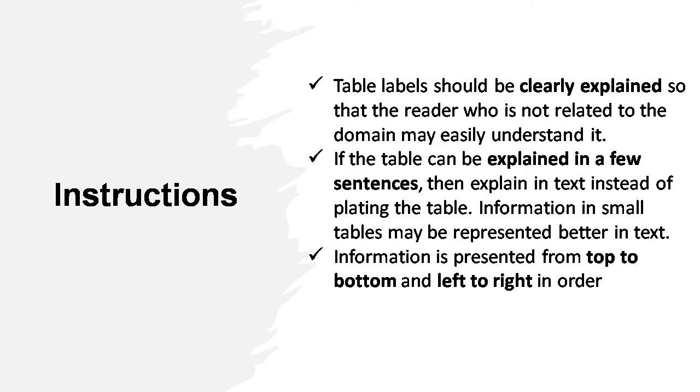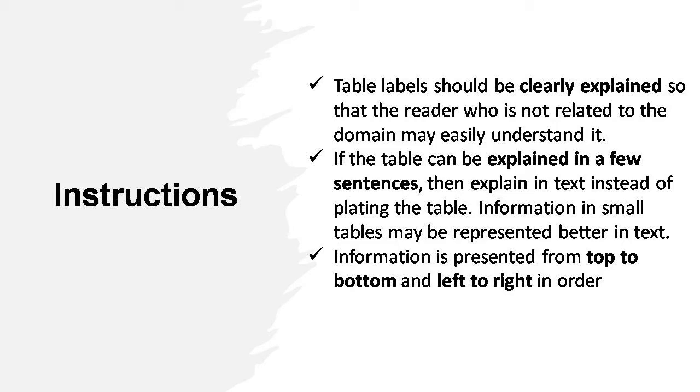For every parameter, for every value, the unit must be explained. If you are measuring in seconds, for example, or in milliseconds, then you have to explain it clearly, that this value, this parameter is measured in milliseconds. The table label should be clearly explained so that a reader who is not related to the domain may easily understand it.